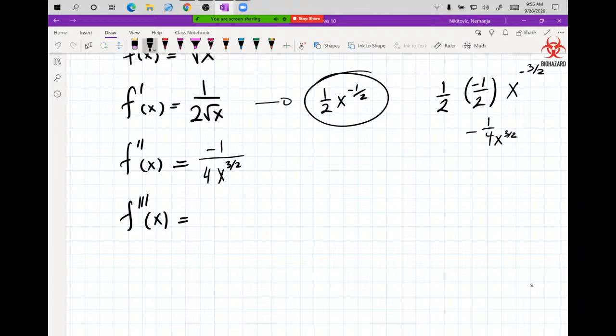So all I need to do is to go to the second derivative and take the derivative, which is the first derivative. So I copy negative quarter. This is going to be x to the negative 3/2. Then I drop the power, and then I subtract 1, which will give me negative 5/2. So now this becomes 3/8, x to the negative 5/2.